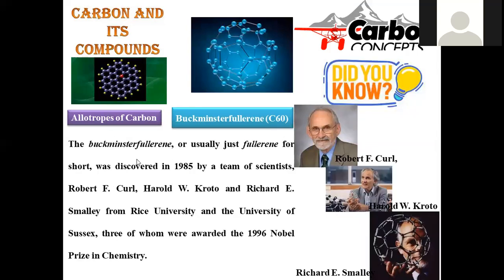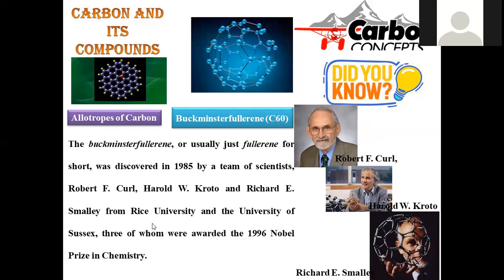Let us see whose efforts gave us these compounds, which are very essential emerging nanomaterials in various fields. Fullerene was discovered in 1985. A team of scientists explored these compounds: Robert Curl, Harold Kroto, and Richard Smalley.